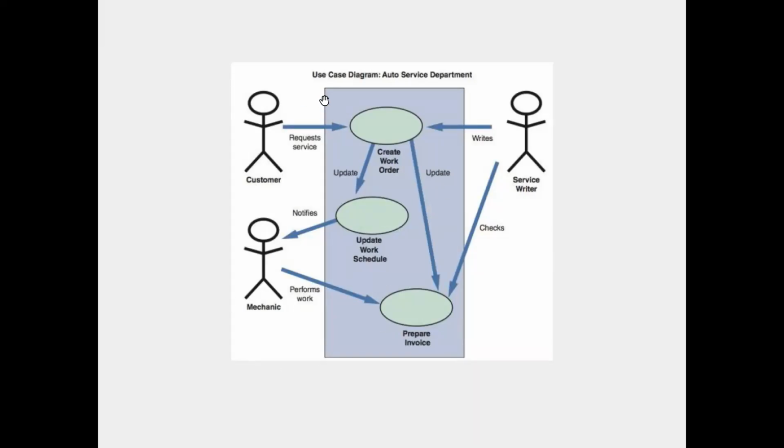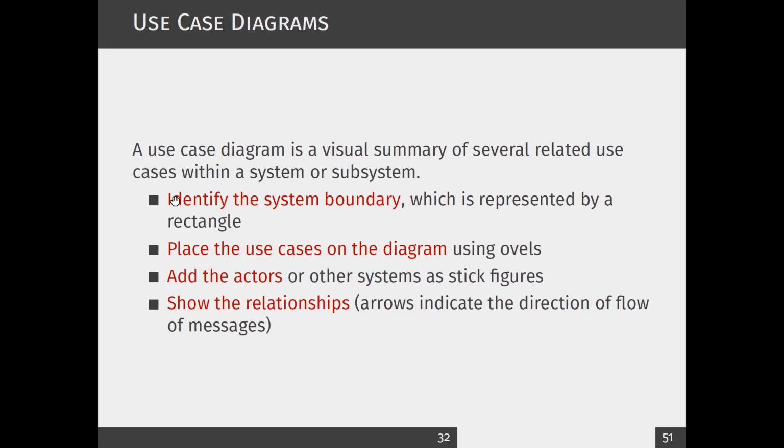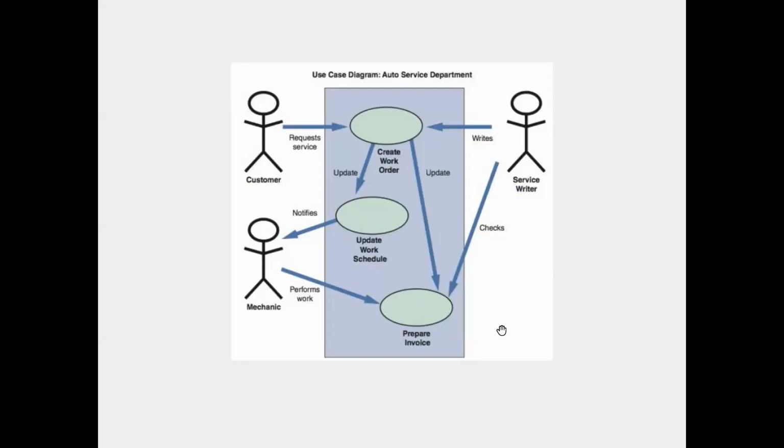You can see here we have a rectangle box which indicates the system, or it could even be a subsystem. First we identify the boundary, and then we put in any use cases. In this particular case, we have 3 use cases: create work order, update work schedule, and prepare invoice.